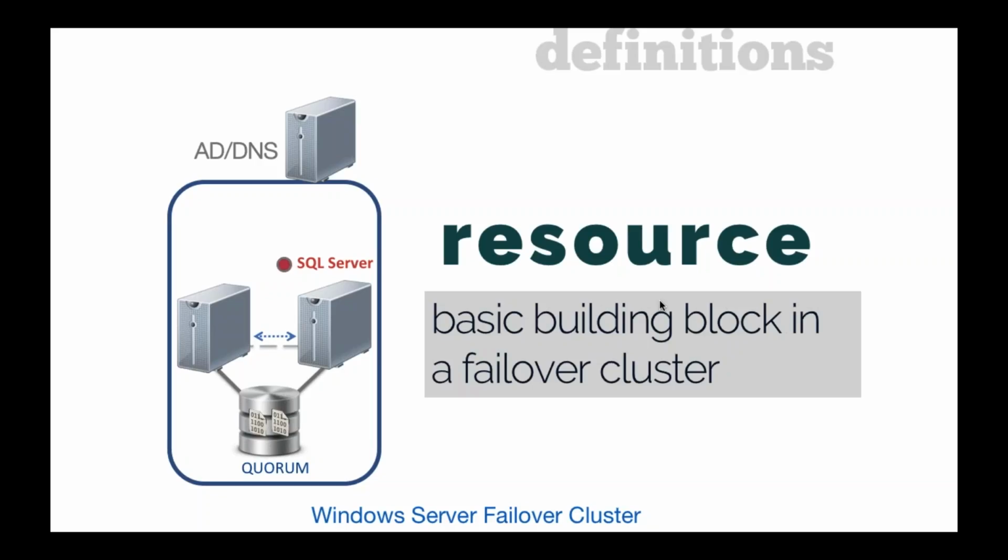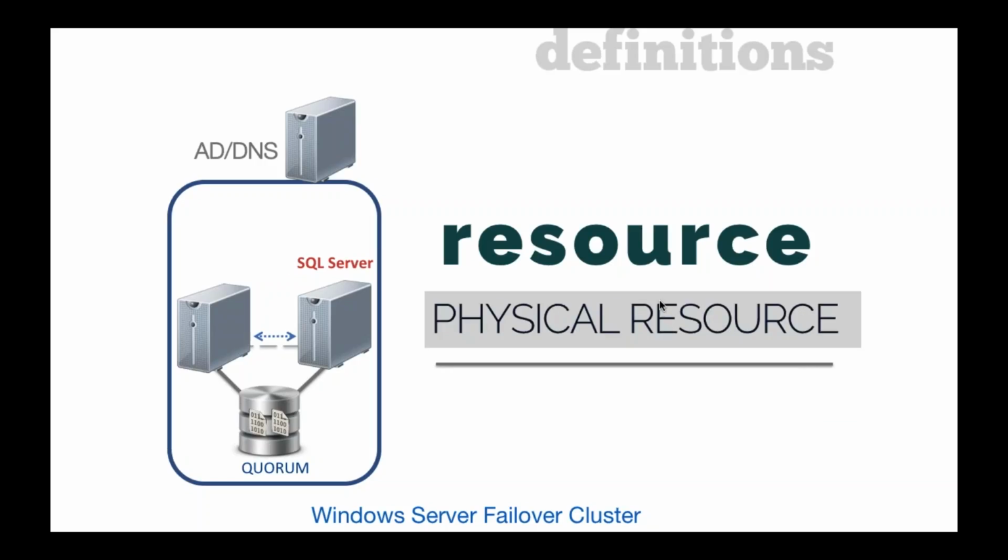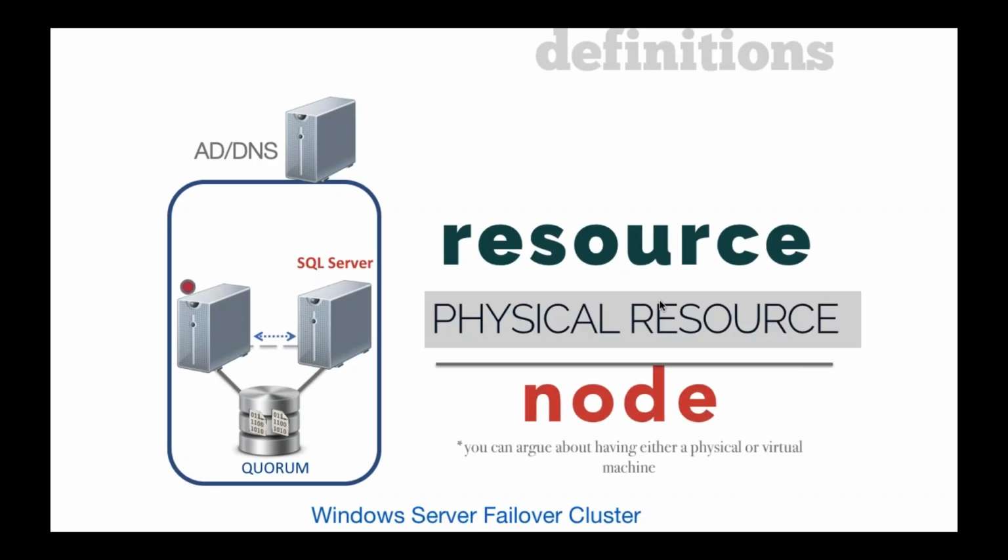As I mentioned, there are two types of resources. Physical resources: your nodes are an example of a physical resource. Of course, you can argue that a node can be either a physical or a virtual machine, but at the end of the day, a node needs to run on something tangible, in this case a physical machine, even if the nodes are running as virtual machines.